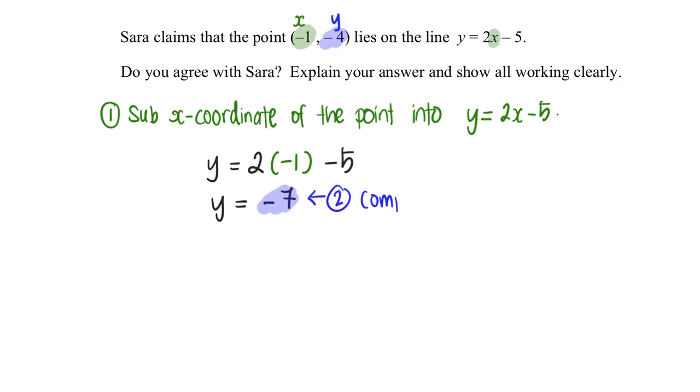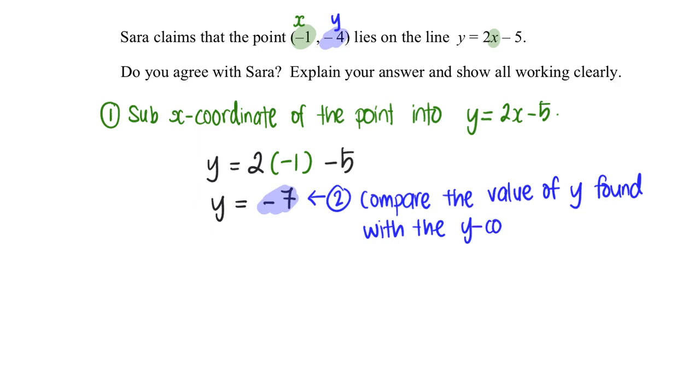Compare the value of y found with the y coordinate of the point. If they are the same, the point is on the line.